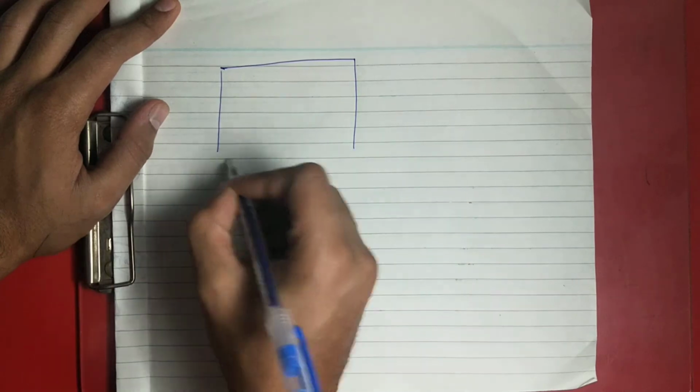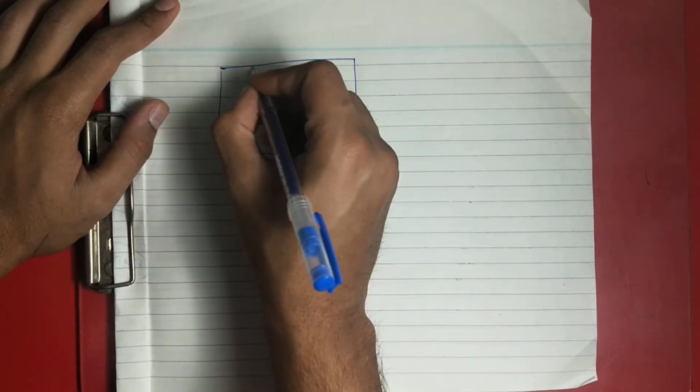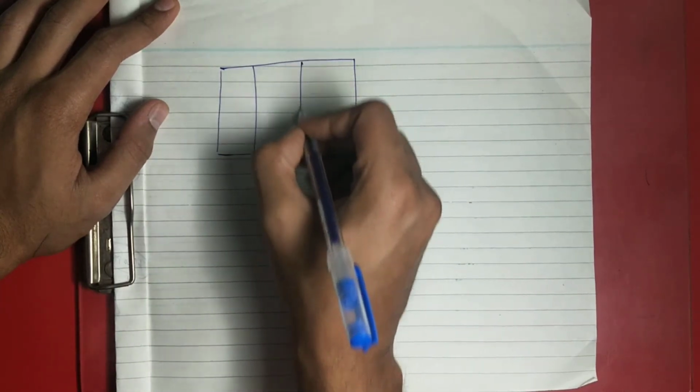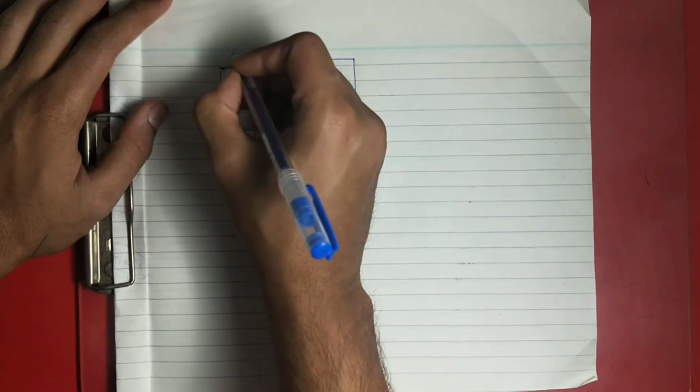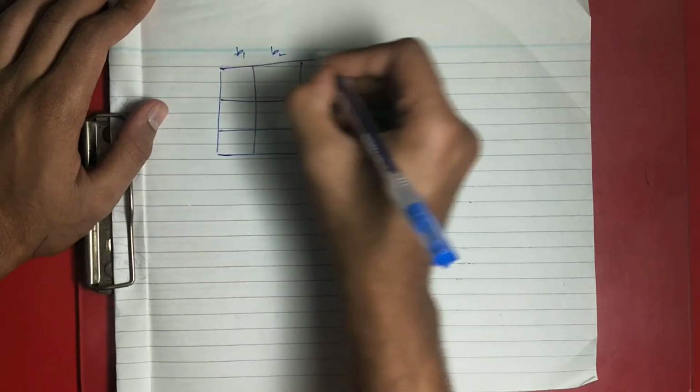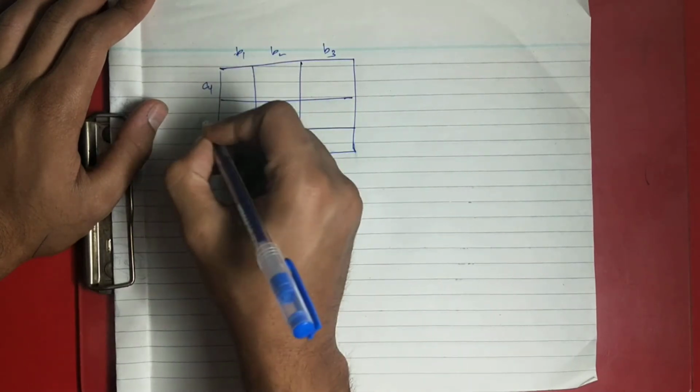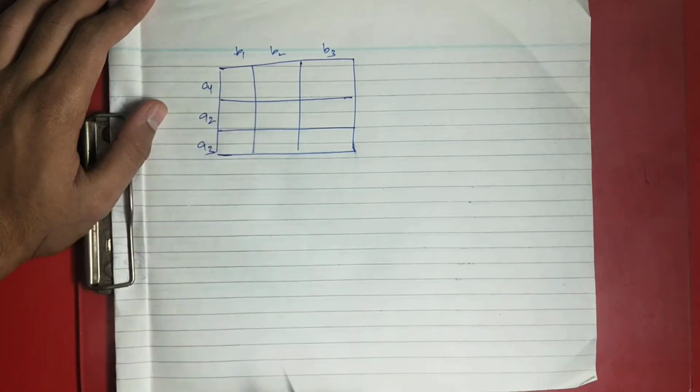So let's take a case where A and B have three strategies each. What are the strategies? A1, A2, A3 and B1, B2, B3 respectively. Let me take a 3 by 3 matrix now. Here is B1, B2, B3 and A1, A2, A3.